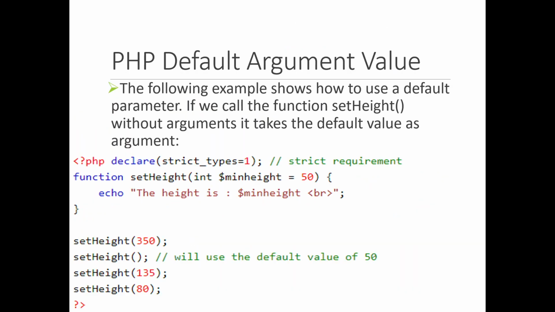For example, this particular function here, setHeight, the purpose of this function is to simply receive some height and print on the screen that particular height. So this function does not return a value, and it does not need to return a value.